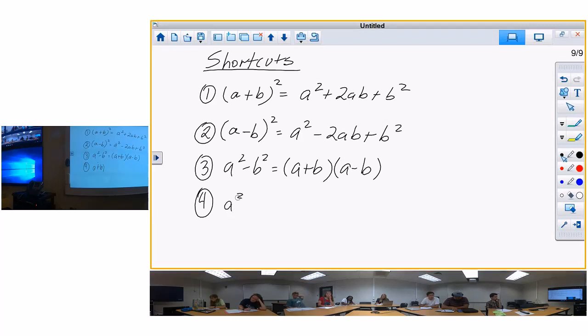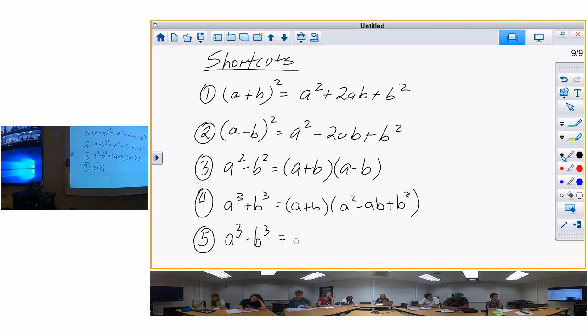A cubed plus B cubed is equal to A plus B times A squared minus AB plus B squared, and 5. A cubed minus B cubed is equal to A minus B times A squared plus AB plus B squared.